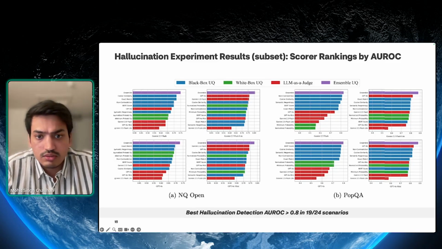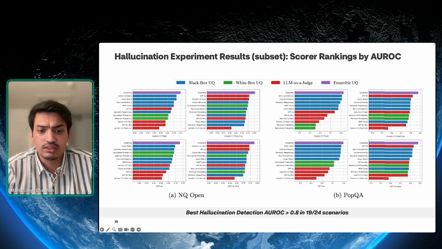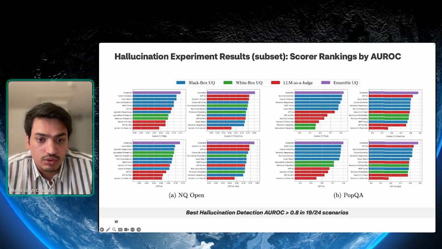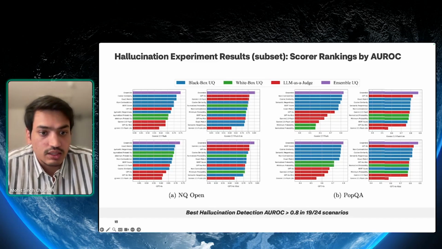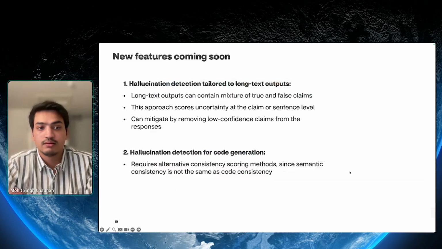Here you do see the ensemble score at the top, but in all our experiments, we noticed that the best hallucination detection is more than 0.8 in 19 scenarios out of 24. And one thing I would like to point out is that even though the ensemble score is best in most of the cases, individual scorers are also performing very well in identifying that.